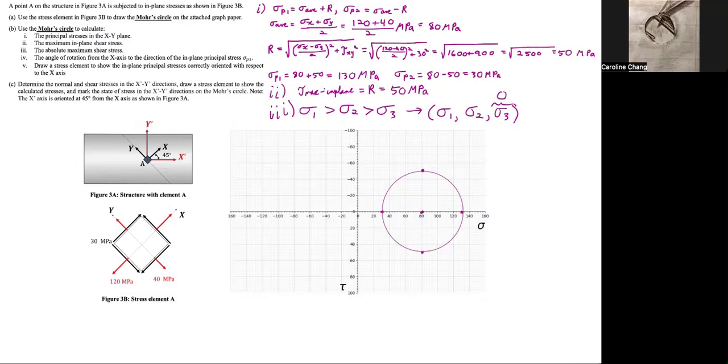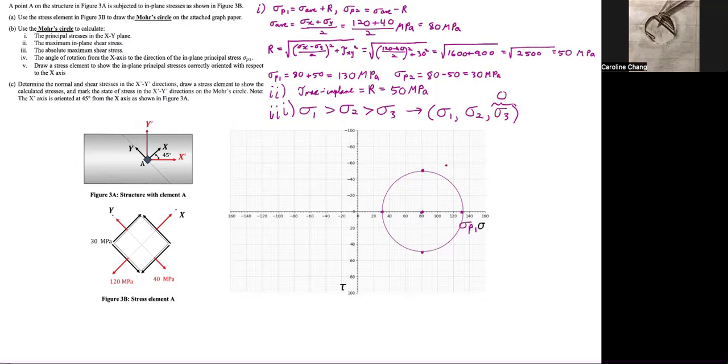As we see from our found values for principal stress 1 and principal stress 2, sigma 1 is always the greatest.